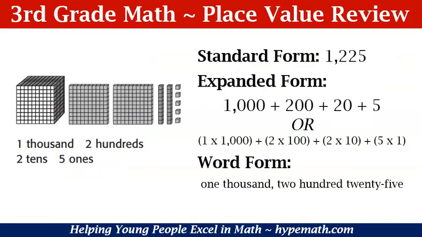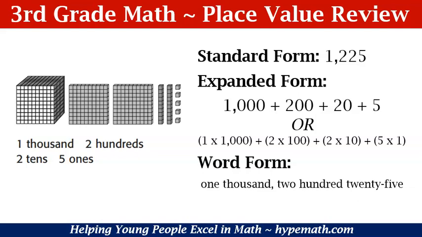Let's get started. In our first problem, and this is just for review, we have a 1,000 block, 200 blocks, 2 tens blocks, and 5 ones blocks. In standard form, it is 1,225.